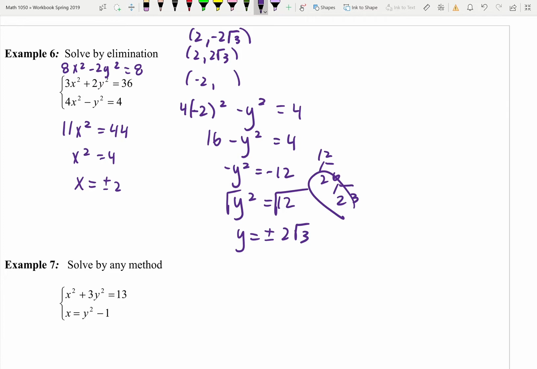A -2 squared, that's a -2 times a -2, which is a 4. 4 times 4 is 16. So I don't have to show any work because the end result is going to be exactly the same. So this next answer would be -2 comma 2 square root of 3 and -2 comma -2 square root of 3. And you actually end up with 4 answers on that one.